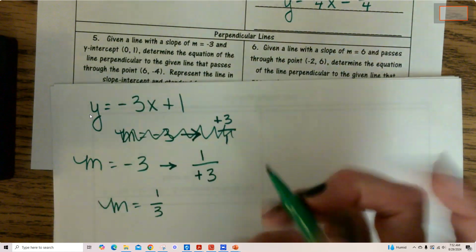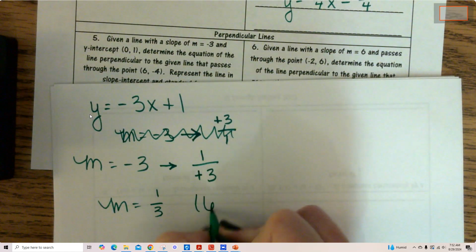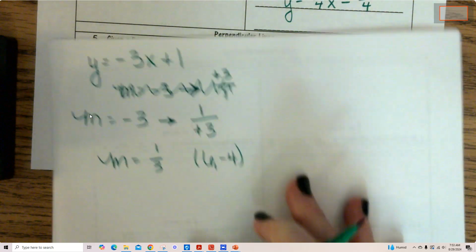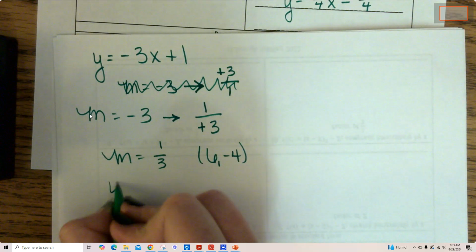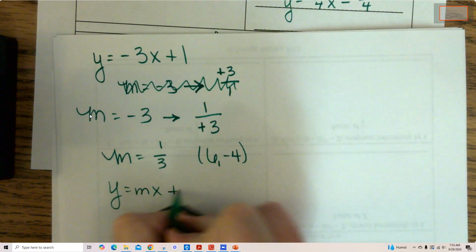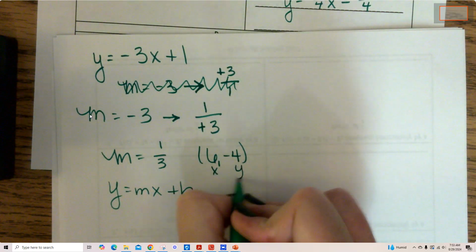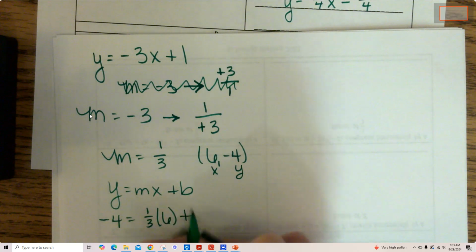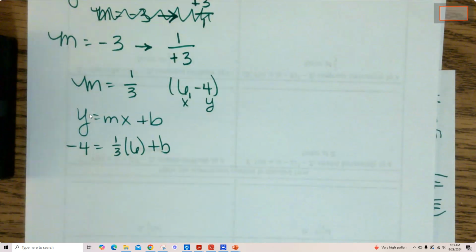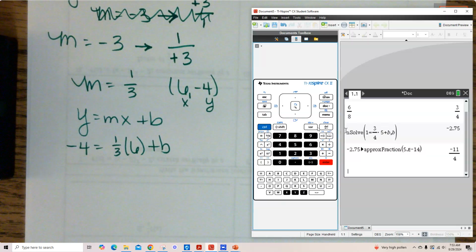And then we're given this point, (6, -4). So same process now. The only thing that changes is how we find our slope. So again, x and y. So y is a -4, slope is a 1/3, x is a 6, plus b. So I can solve for the b value.